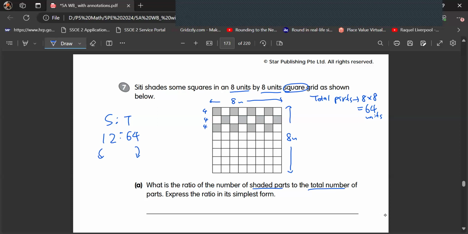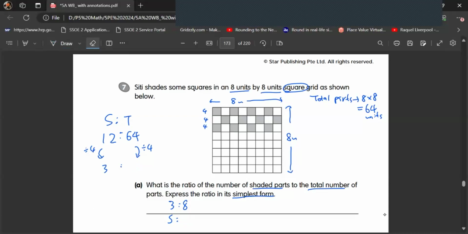12 times 5 is 60, so 12 times 6 is 72. So cannot divide by 12. Divide by 8? 12 cannot divide by 8. Divide by 6? Cannot. So divide by 4. No choice, okay. So I get 3 to 8. Is it okay? In simplest form. Oops, I made a mistake.